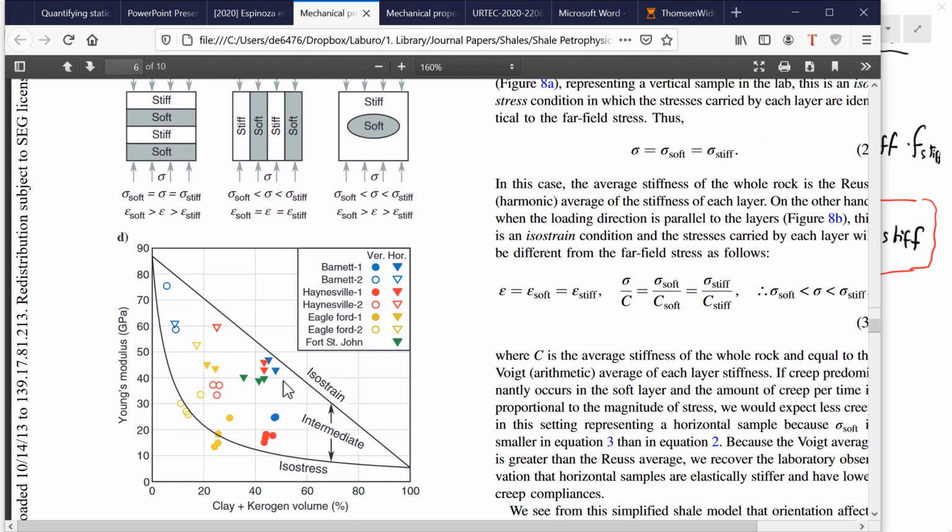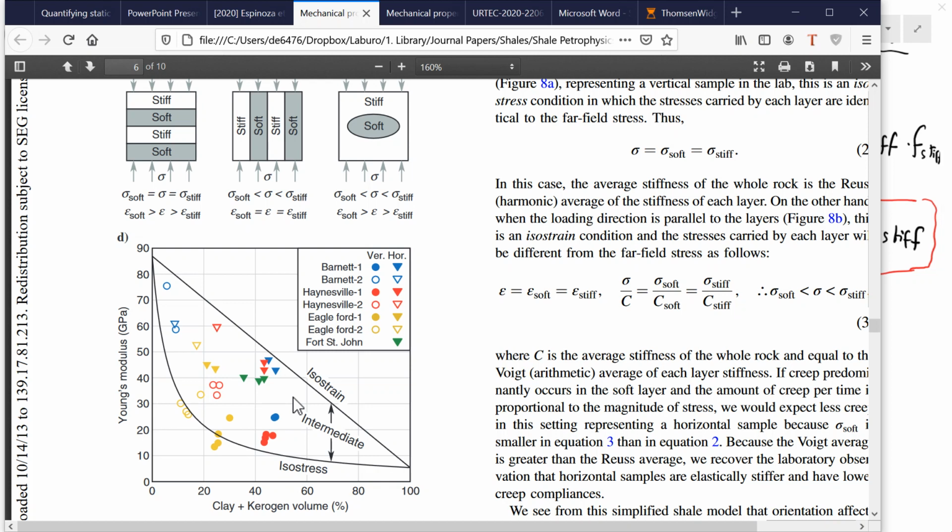And it is what is called an upper bound for predicting the maximum value of this composite rock, which we are assuming is made out of layers of stiff and soft rock. And you can see that the theory gets quite close to the reality and explains very nicely why some of these rocks are anisotropic and why the horizontal Young modulus is higher than the vertical Young modulus.